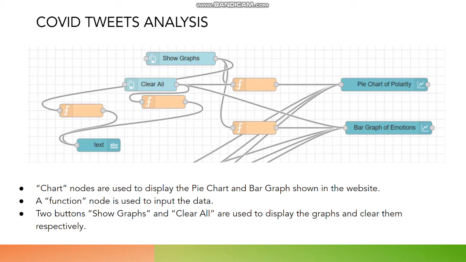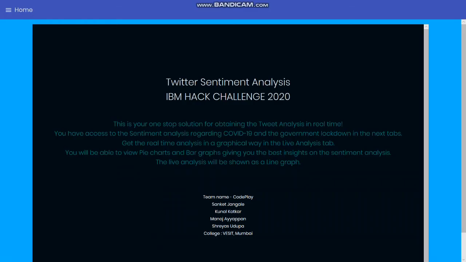The COVID tweets analysis and lockdown tweets analysis tabs are the tabs which display the output of a machine learning model. This was achieved using the function node and the chart nodes. The function node provides the data that is to be displayed, which we obtained from the model. The chart nodes provide us the visual representation.